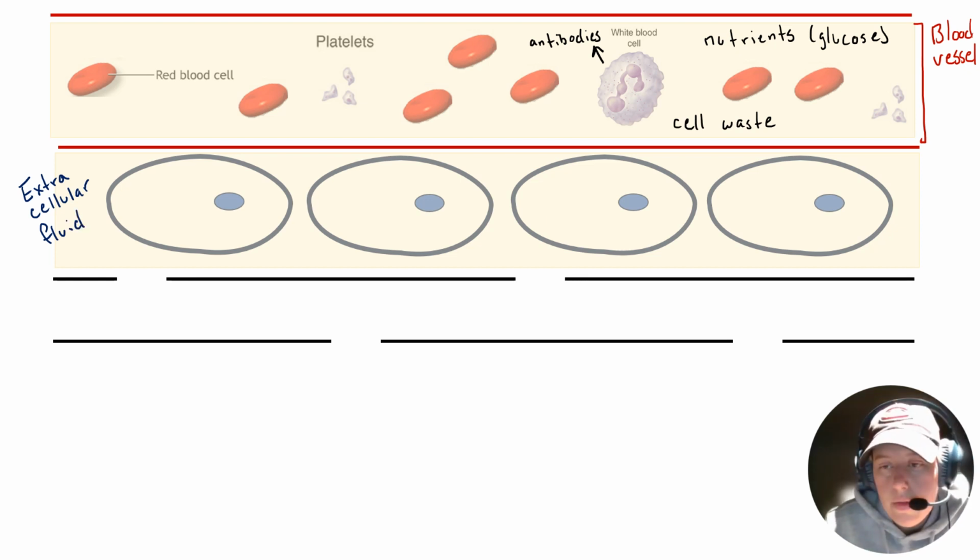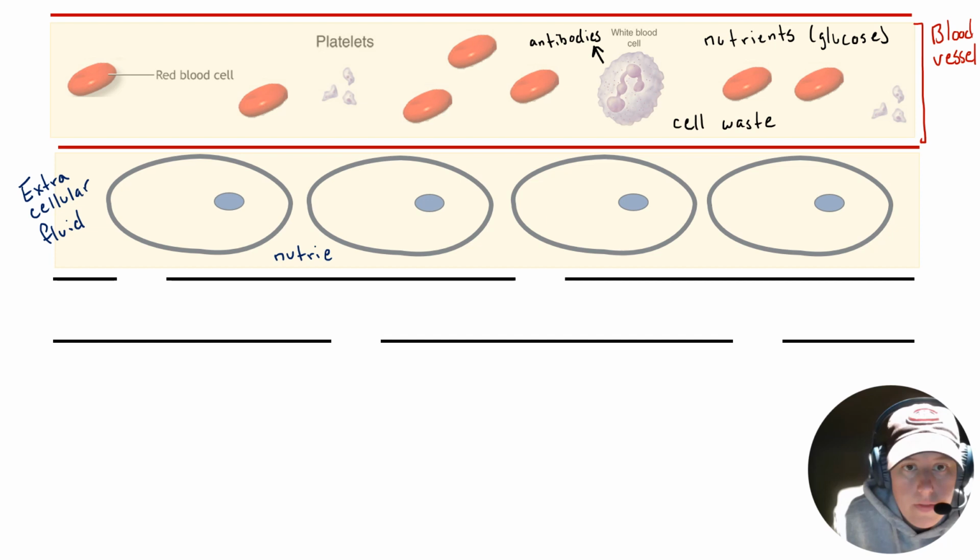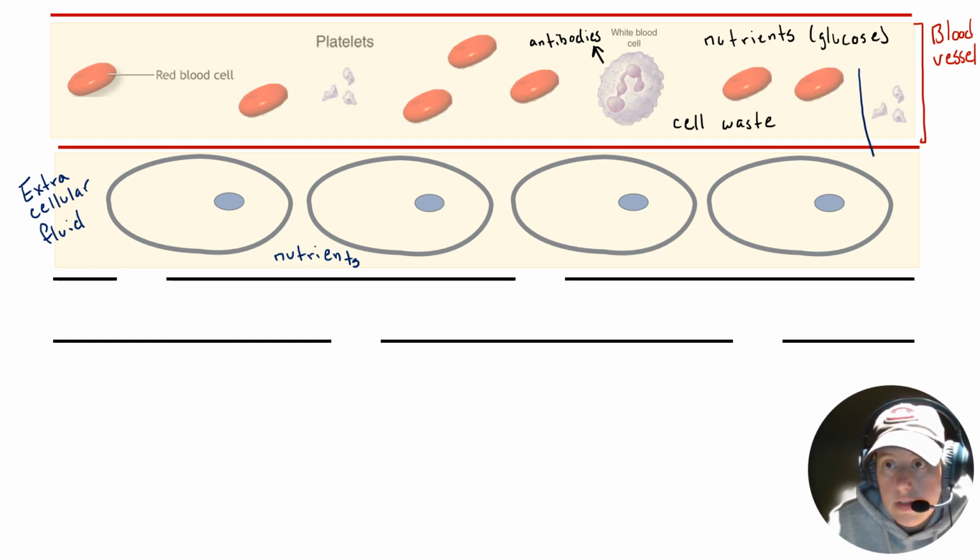Now, the extracellular fluid will also have nutrients, because if nutrients are in the bloodstream and the plasma, when they're trying to get into the cell, they're going to leave the wall of the blood vessel, be in the extracellular fluid, and then from the extracellular fluid, go into the cell.